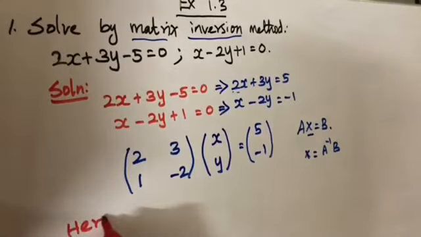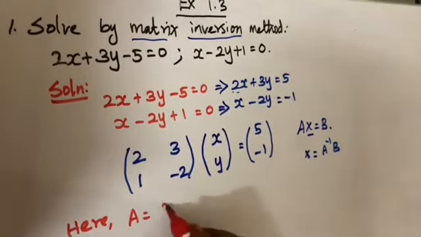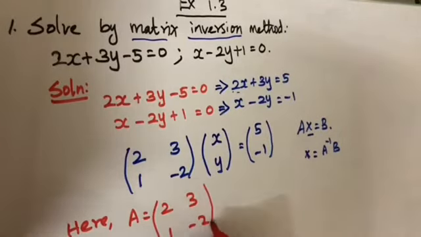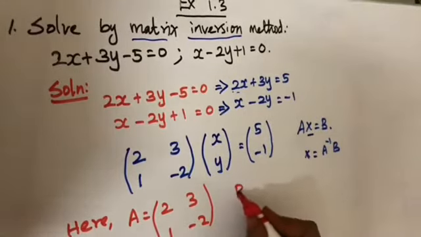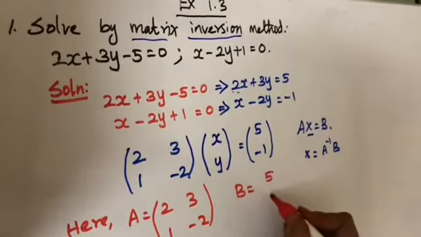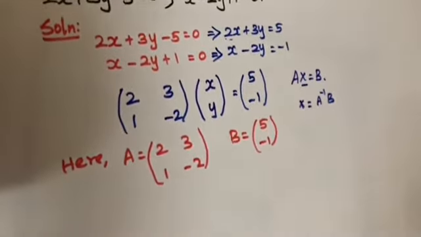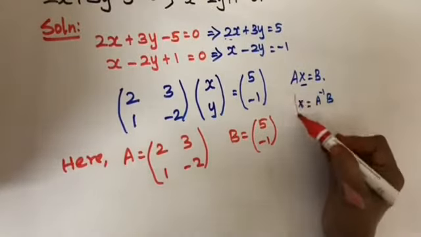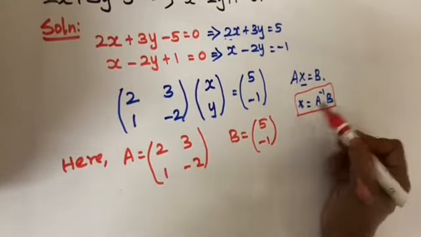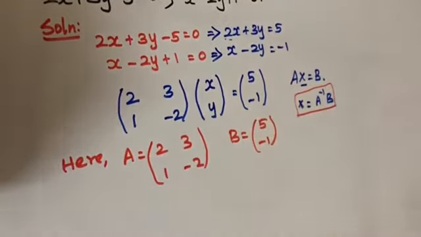Here A is equal to 2, 3, 1 and minus 2, and B is equal to 5, minus 1. Now we have to find A inverse B. So first I need A inverse.